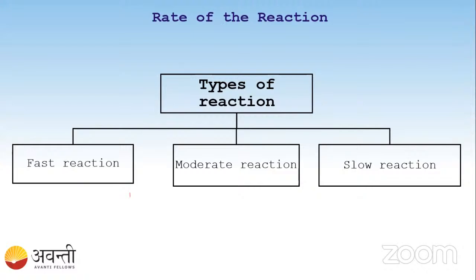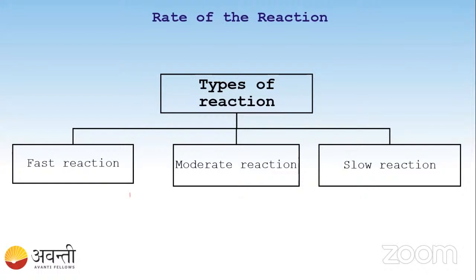But if it is kept that way for years, for example 1 year or 2 years, you will see the reaction happening very slowly. So these are the three examples of fast reaction, moderate reaction, and slow reaction.